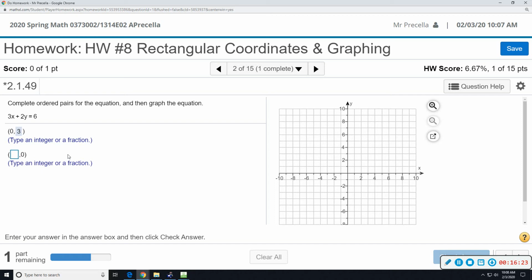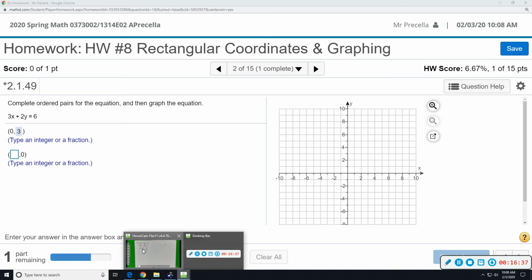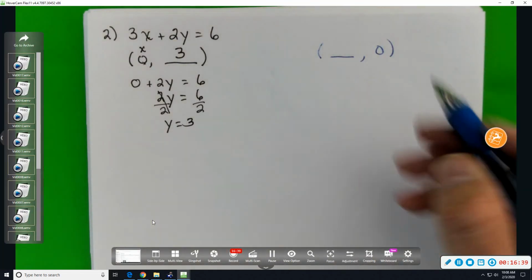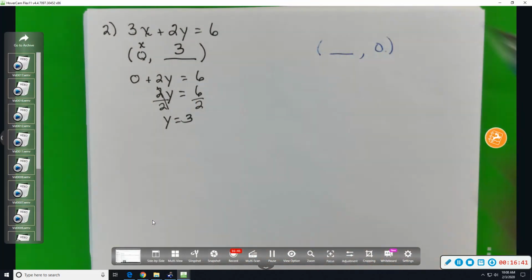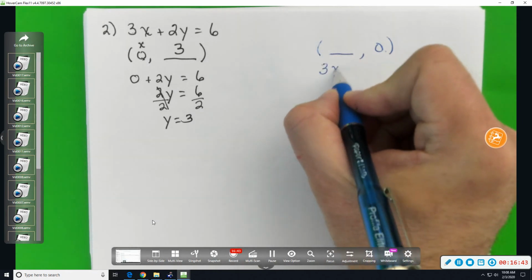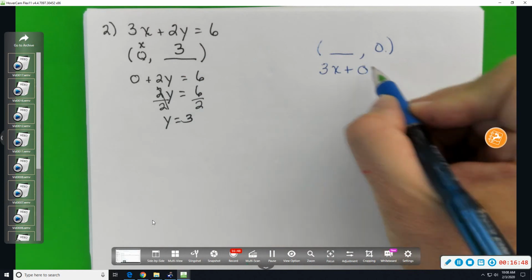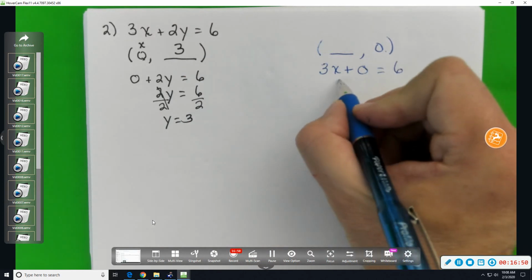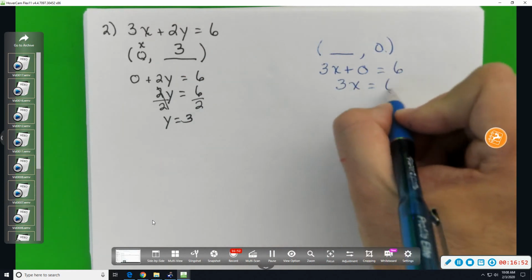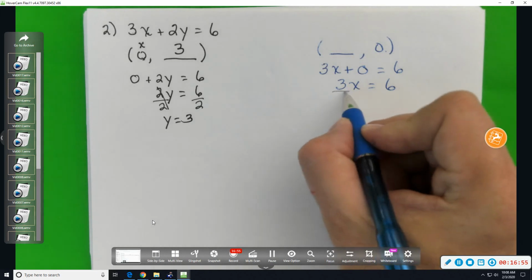Now, what's this ordered pair telling us to do? Here you plug the 0 in for y, right? If I plug the 0 in for y, we get 3x plus 2 times 0 equals 6. 3x equals 6.